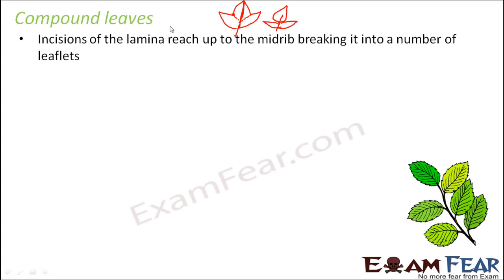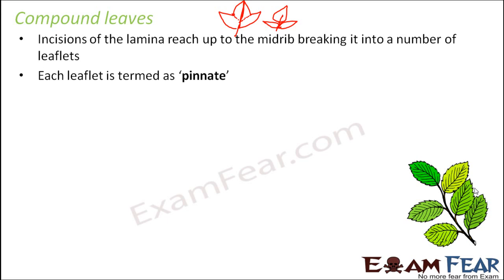You are getting the point? The more the incisions reach towards the midrib, the more separate the different parts of the lamina become. And when it finally touches the midrib, your lamina actually breaks up into different leaflets. That is what is happening in the case of a compound leaf.